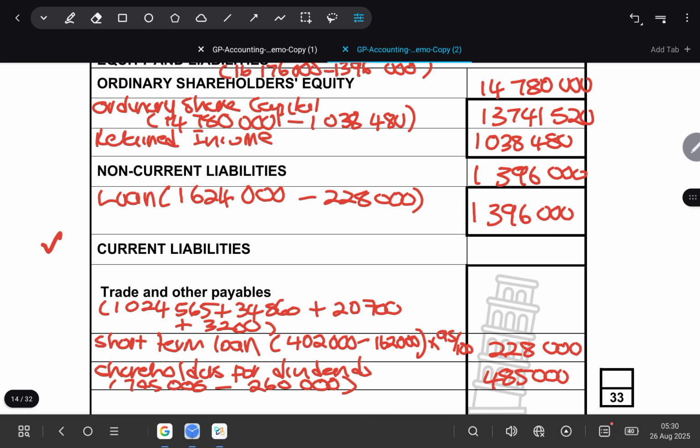So let's see, 1,024,565 plus 34,860, and then also plus 20,700, and then plus 3.2. It gives us 1,083,325. So okay, that's fine.